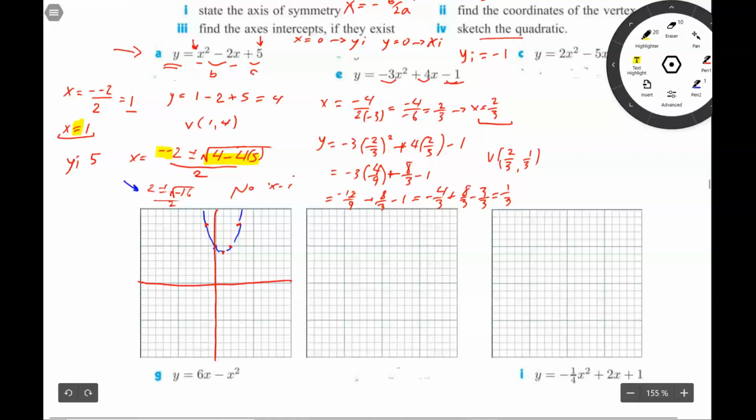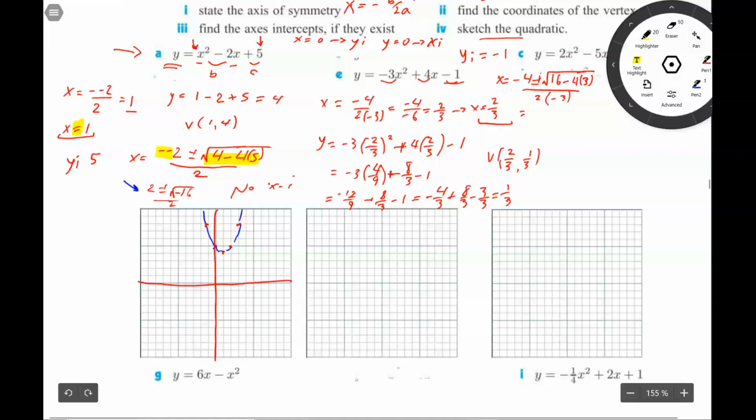So the x-intercept values are going to be -b plus or minus the square root of b squared, which is 16, minus 4 times -3 times -1. And -3 times -1 is equal to +3, so I'm just going to leave out the negative sign. I'm going to write 3 there. And that's all divided by 2 times a, which is 2 times -3.